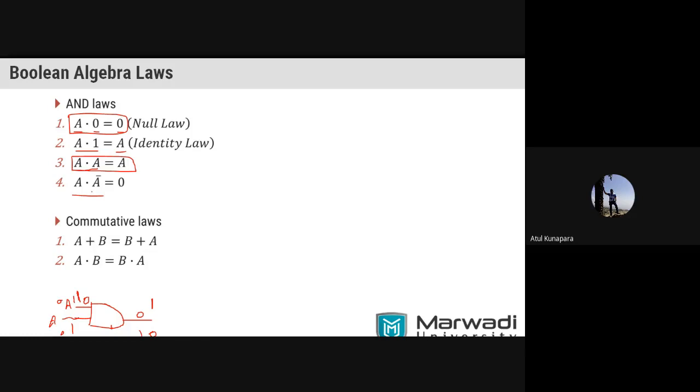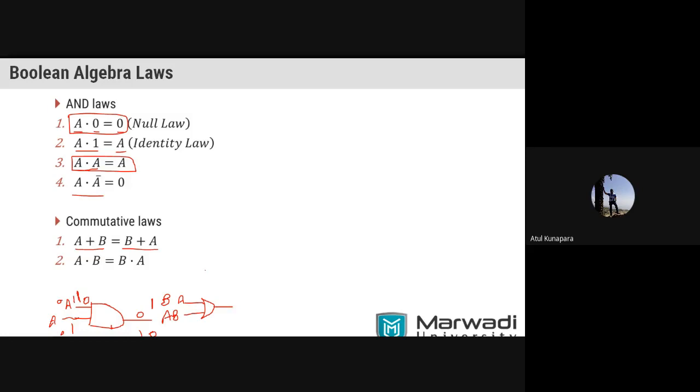Second thing is the commutative law. Commutative law means if you perform A or B, that is A plus B, meaning OR operation between A and B, it is equivalent to performing OR operation between B and A. In an OR logic gate, if you apply first input A and second input B, or first input B and second A, it doesn't matter, your output remains the same.